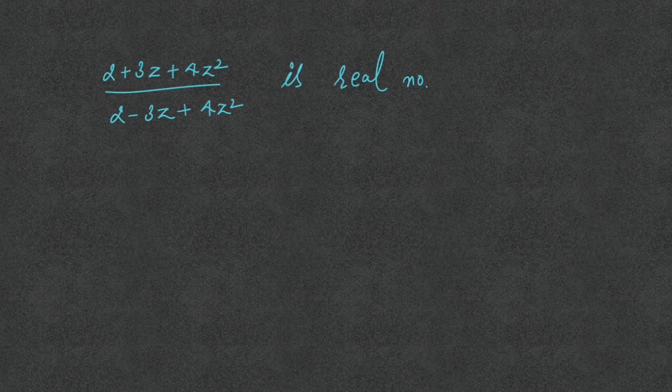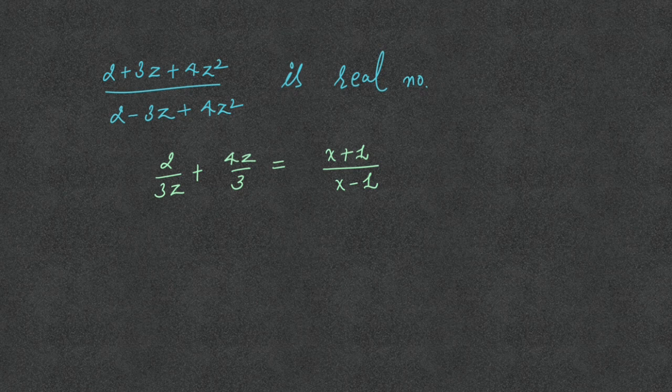Since it is given that the expression is a real number, this expression here, 2/(3z) + 4z/3, which is equal to (x + 1)/(x − 1), is also a real number, because we manipulated the expression into this by applying componendo and dividendo.